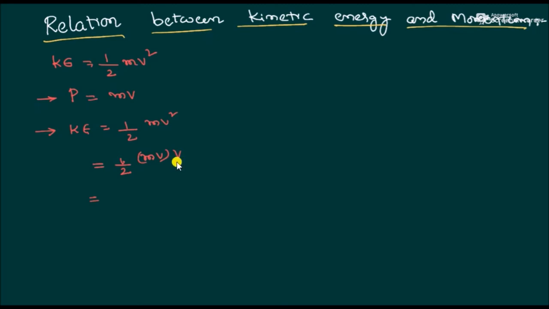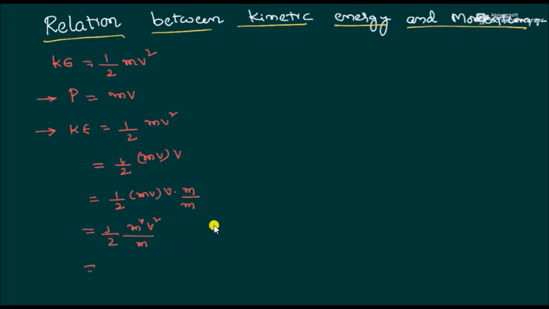So in order to remove this extra v, what we will do is multiply and divide the entire expression with m. So what will it result in? It will result in half mv times v into m upon m. So now it will become half m square v square, divided by m.